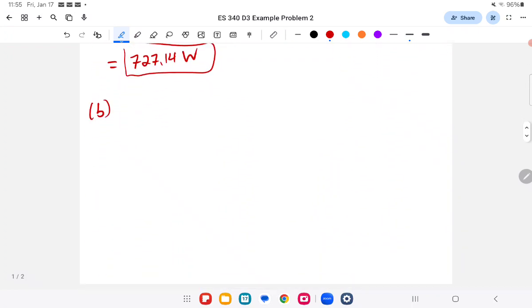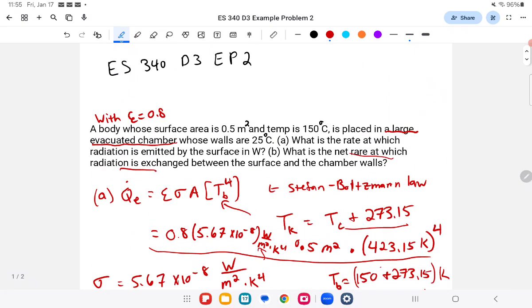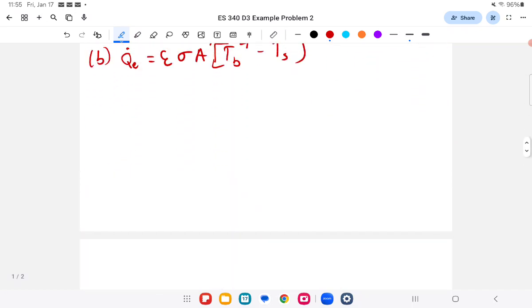If the surrounding system is much larger than the body, then we can make this approximation, which is that Q dot is equal to epsilon times sigma times A times T_B to the fourth minus T_S to the fourth, where T_B is the body temperature again, and T_S is the temperature of the surroundings, which in this case is the evacuated chamber.